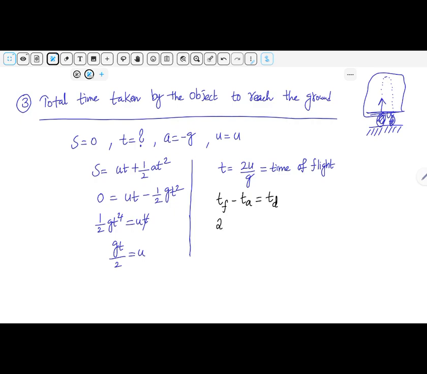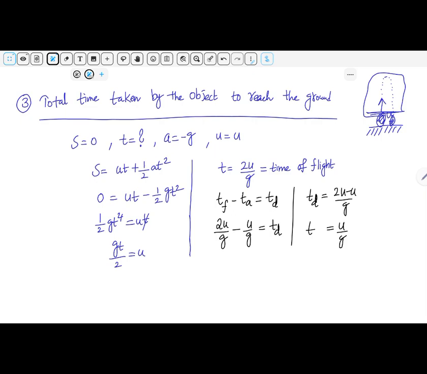Therefore, the time of flight is 2u/g minus the time of ascent, which we know is u/g, is equal to td. Now, td = (2u − u)/g. Hence, it is equal to u/g.